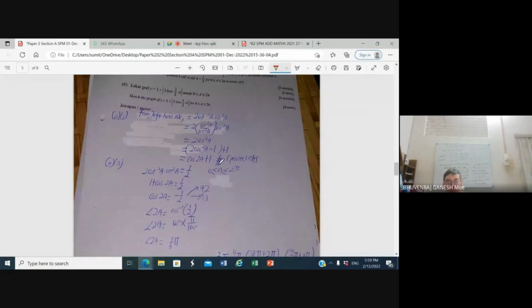Okay, so how I did this is, when you see trigo and you are asked a proving question, always prove from the hard side to the simple side. That is the tip. It's always easier starting from a harder, more complex equation, trying to prove to a simpler equation. If you go from simple to complex, you need to think how you can make that simple equation more complex, which is more difficult.